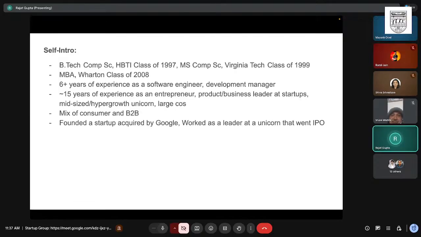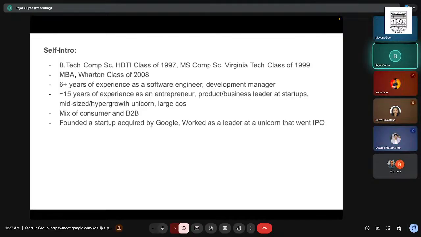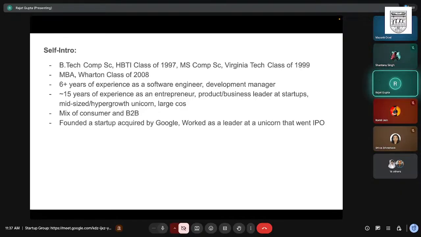I have about equal amounts of experience in consumer and B2B, and between very small companies like startups, hyper growth and mid stage companies, and large mature companies. I've also done my own startups, one of which was acquired by Google. Another great learning experience was working at a hyper growth unicorn that went IPO.